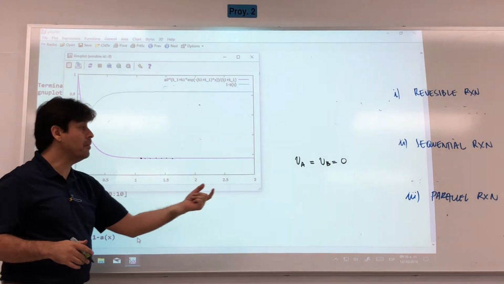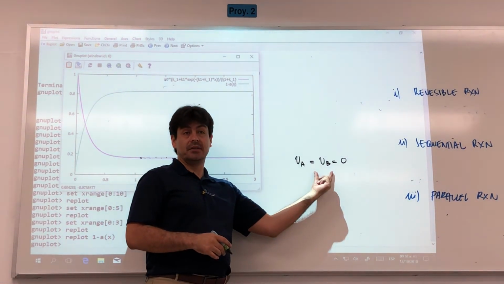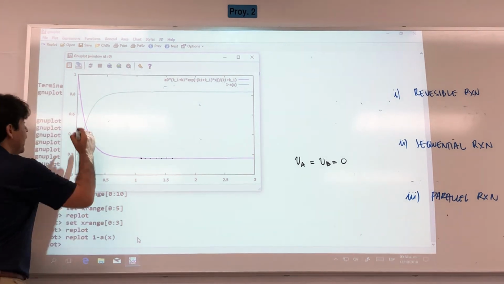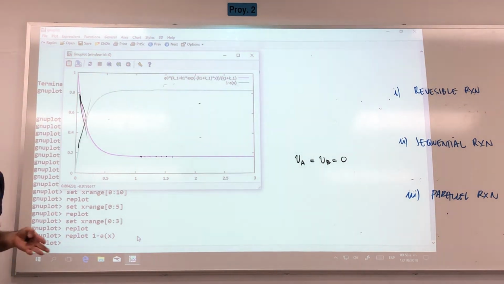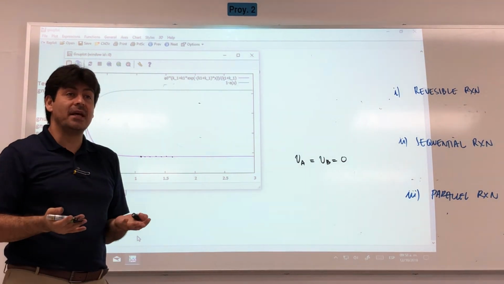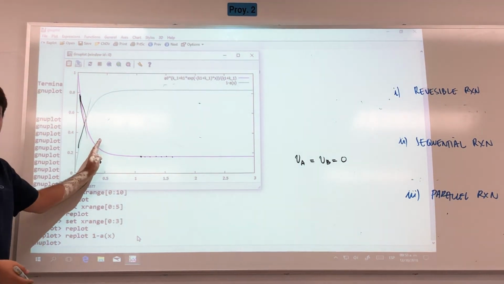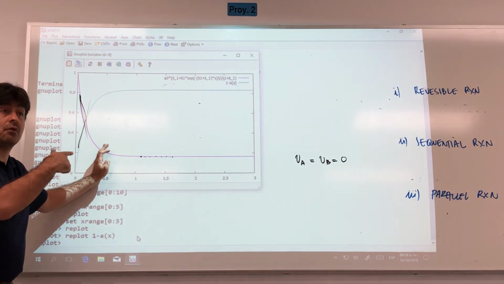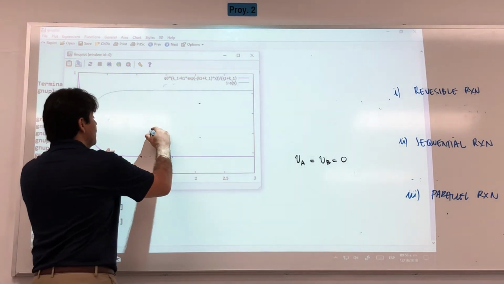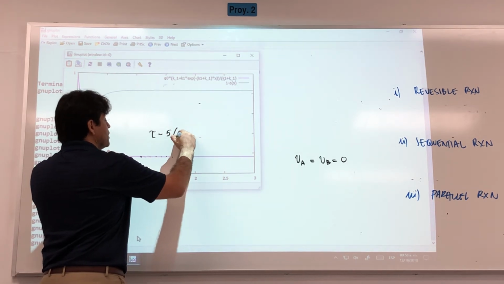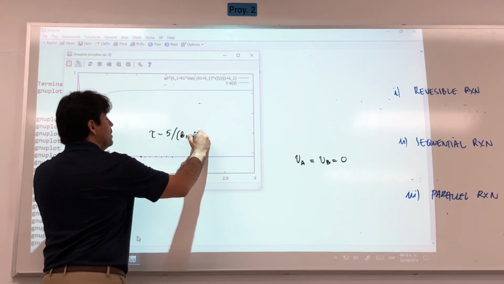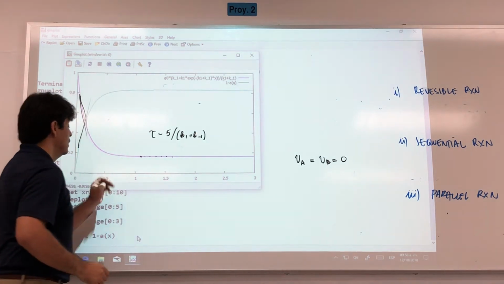So equilibrium is when the rate is zero. Because you see, here I have a rate that is the slope of this curve and is the same for B. The rate of transformation of A and B is the same, but this is not equilibrium. Equilibrium is reached when we have reversible reactions, when the time is almost 5 times the sum of K1 plus K minus 1.